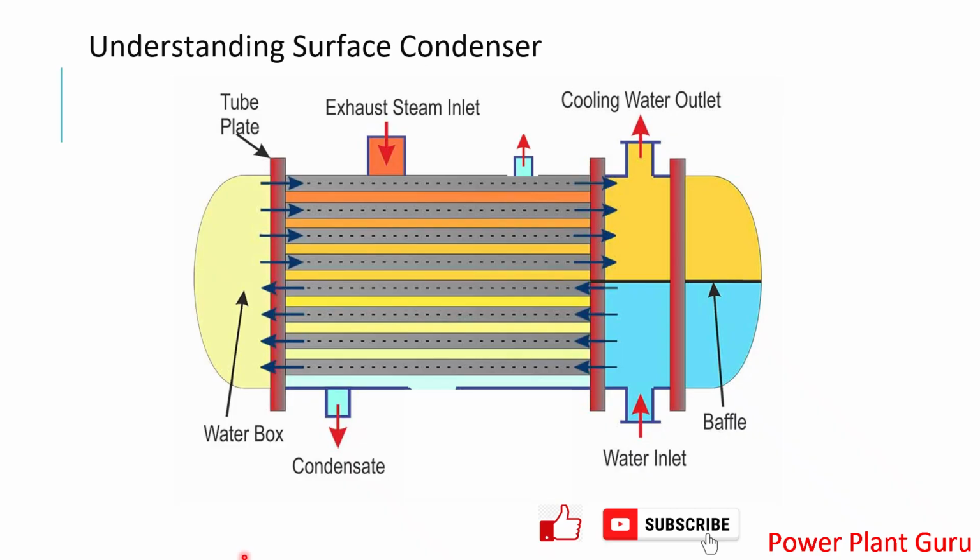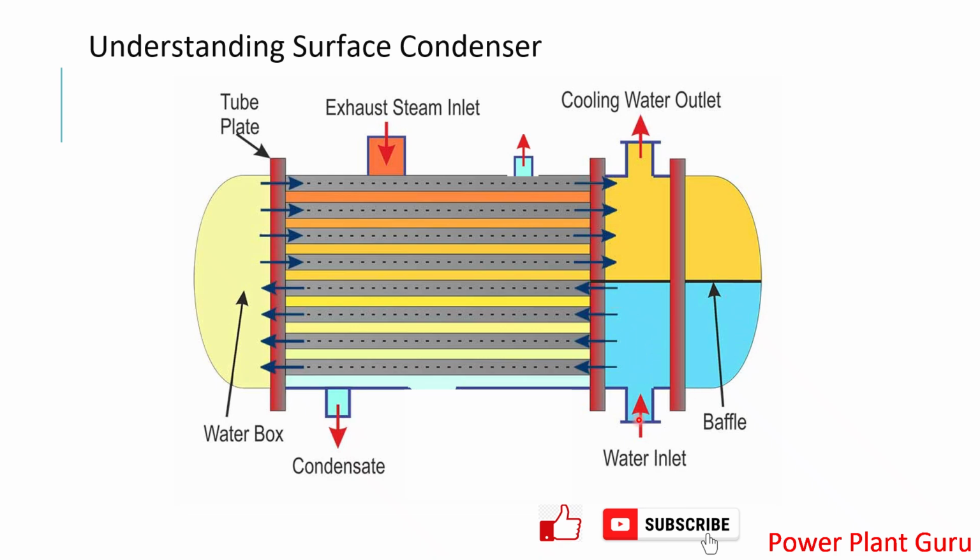Yes, so here is another image which will help you understand how the cooling water flow and the steam condensation happen. Basically here you can see the cooling water inlet, which is relatively colder water coming from cooling towers. In the middle of the condenser you have a baffle plate, a partition, so that all the cooling water which is coming in can be held up in this area.